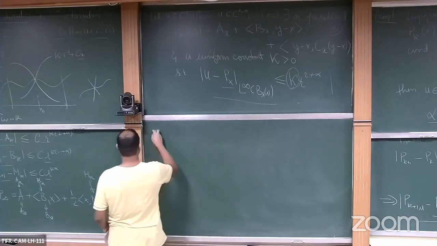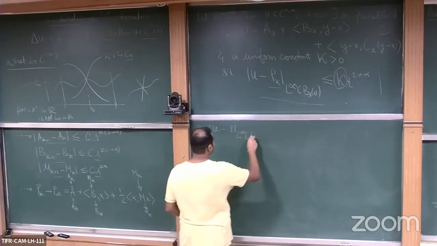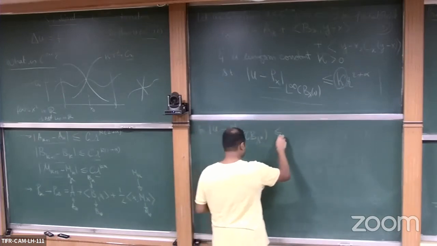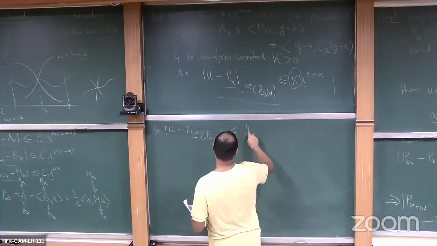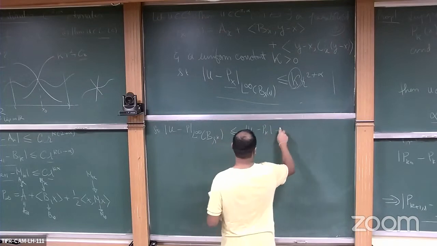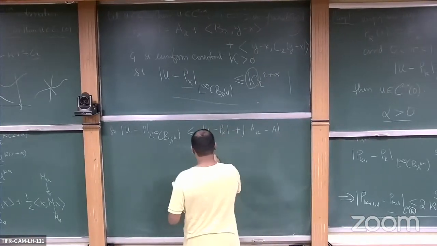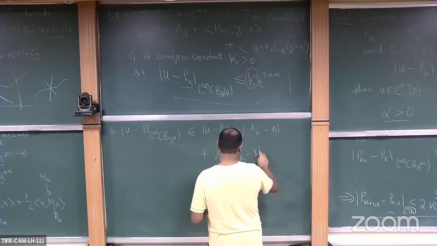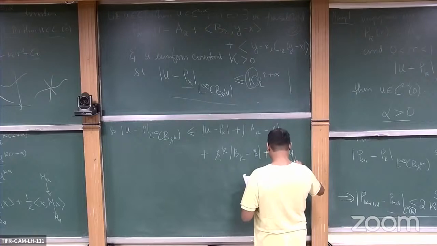All right. So 2 minus P infinity B R power K is equal to U minus PK minus PK plus AK minus A. The rate at which this goes is BK minus B. The rate at which this goes is 2K MK minus.